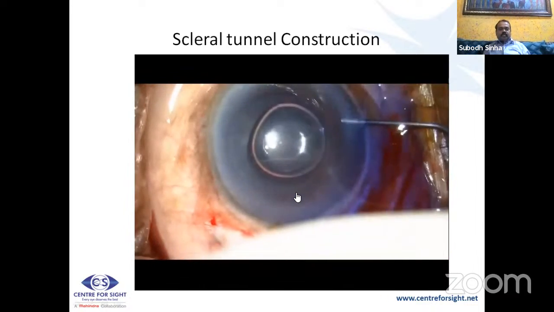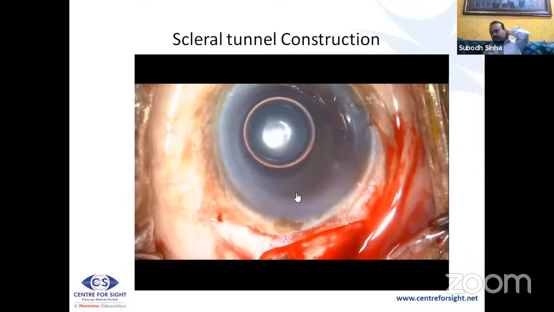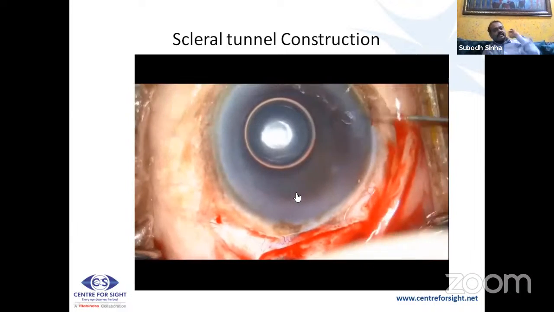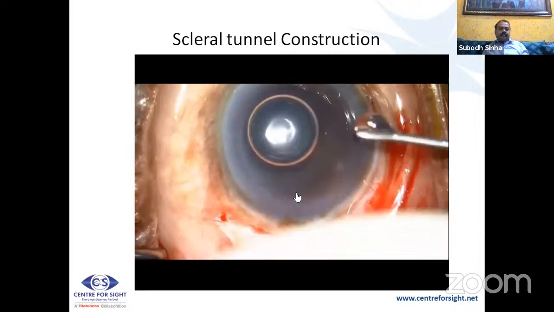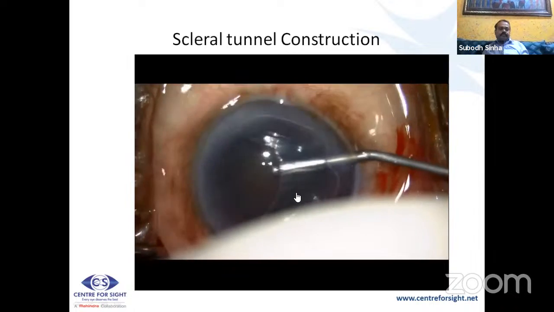It's always better to stain this type of cataract so that you can easily visualize your rhexis.